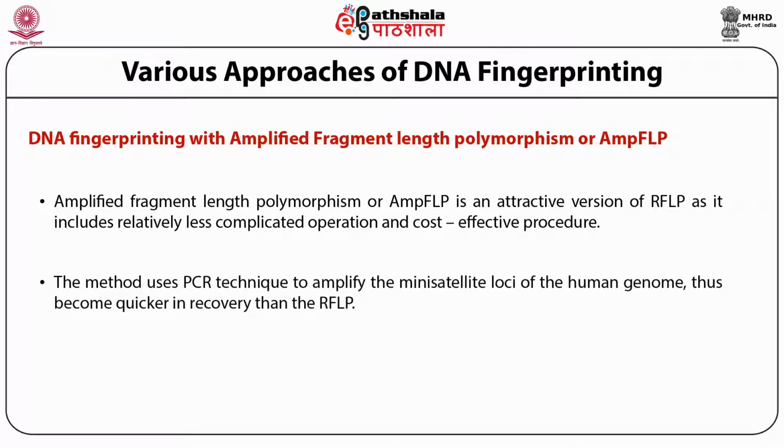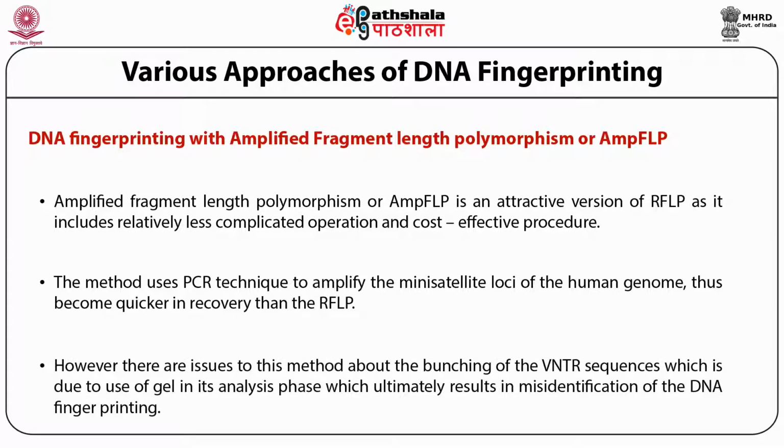The method uses the PCR technique to amplify the mini-satellite loci of the human genome, thus becoming quicker in recovery than RFLP. However, there are issues with this method about the bunching of the VNTR sequences, that is, variable number of tandem repeats, which is due to the use of gel in its analysis phase, which ultimately results in misidentification of the DNA fingerprinting.